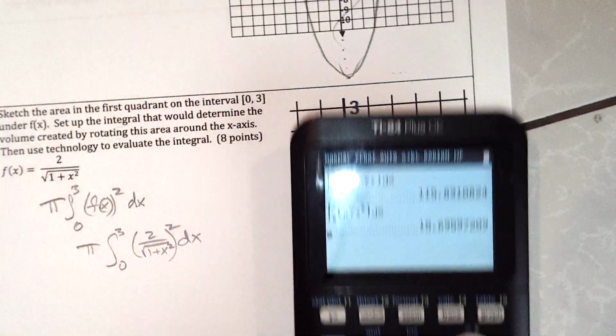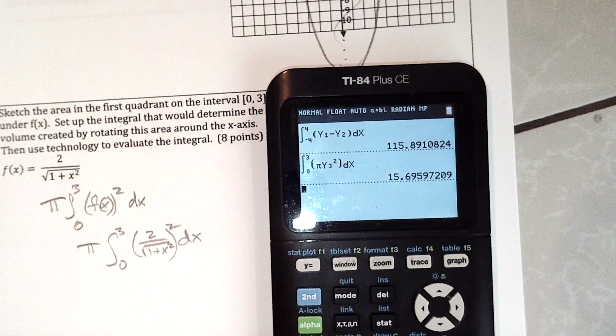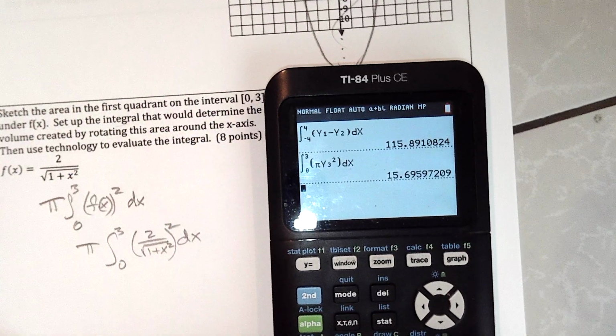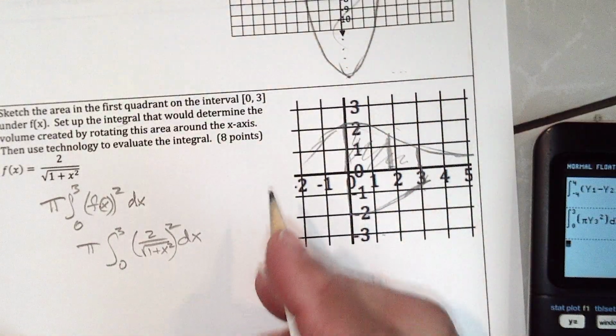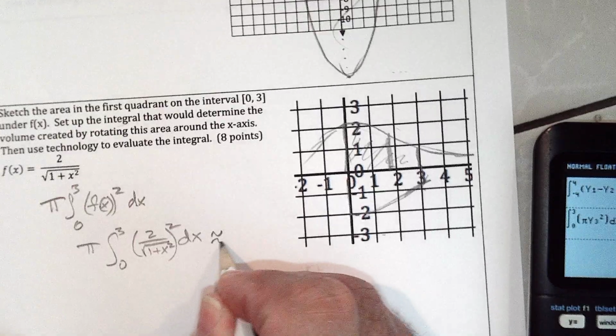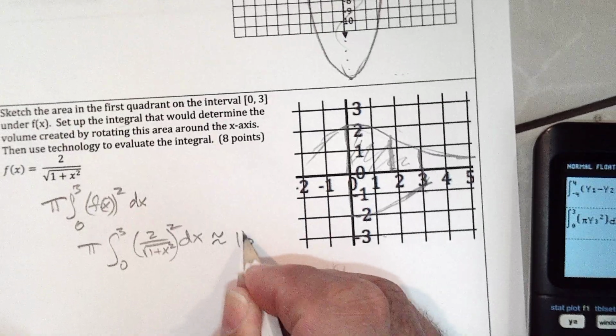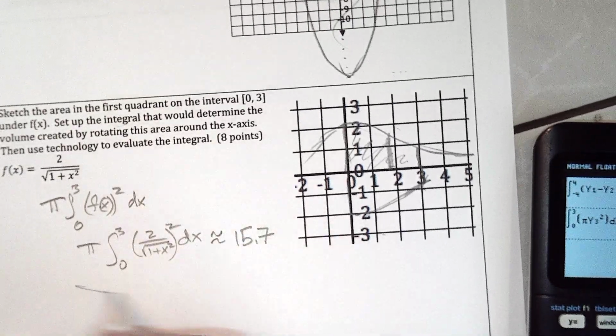And I get 15.695, 15.70, approximately 15.7.